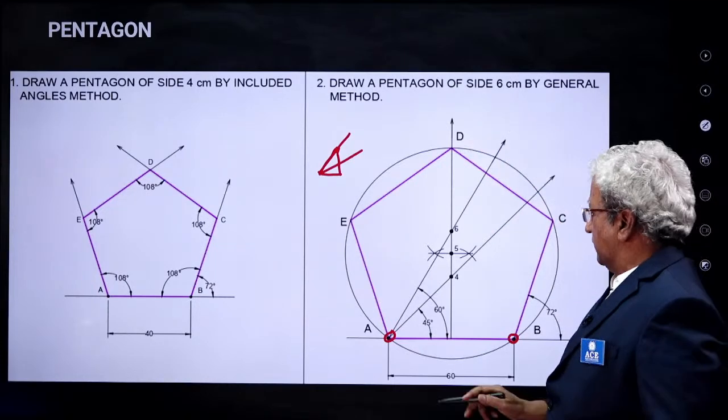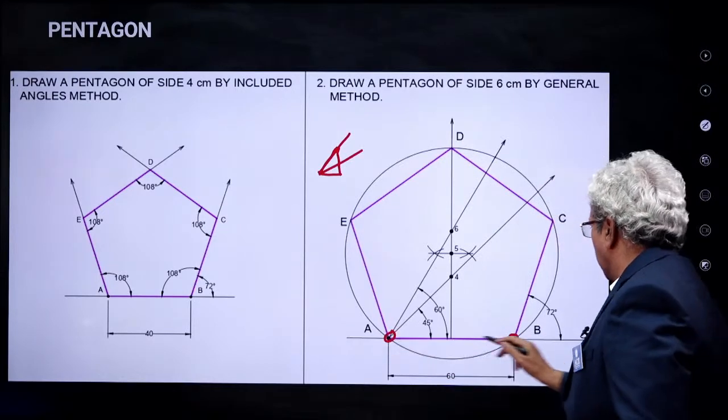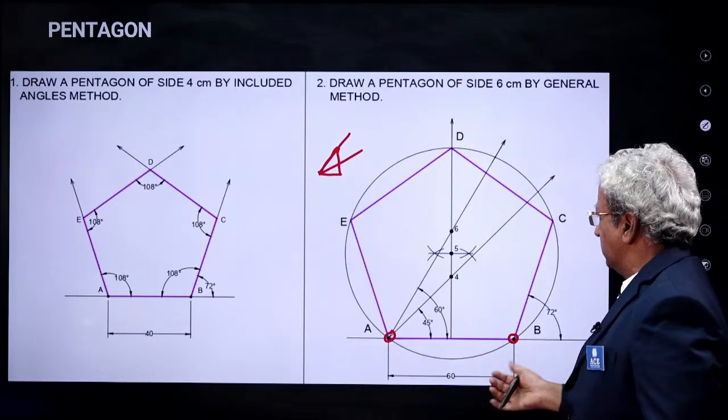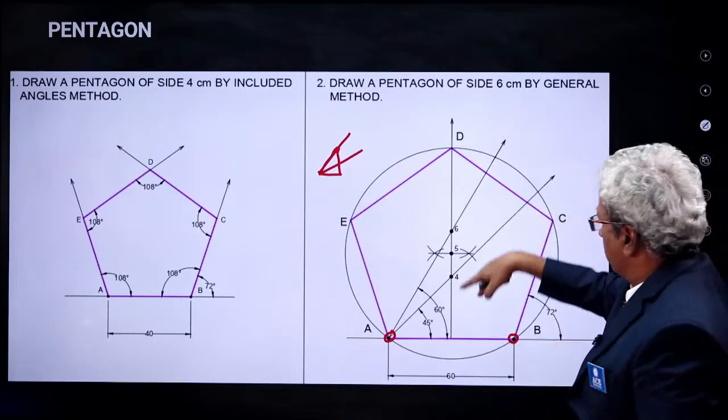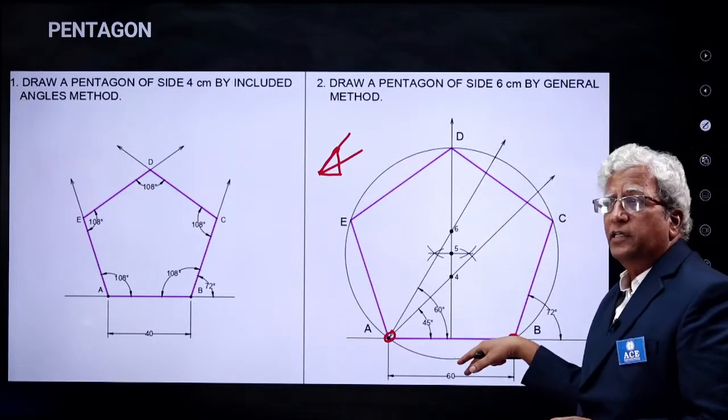The length is 6 centimeters. First we draw a light line and mark AB with a divider, taking the distance from the scale.